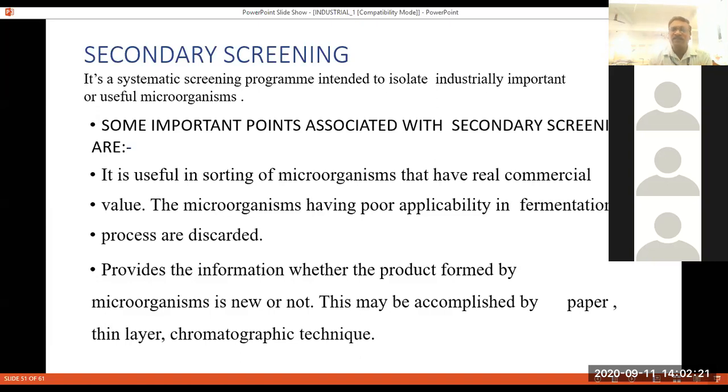Now, some important points are always associated with the secondary screening. Which of these points? The very first one: it is useful in sorting the microorganisms that have revealed commercial value.